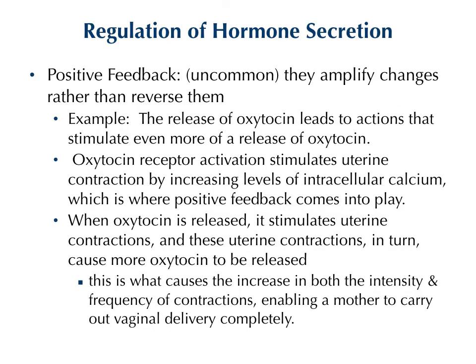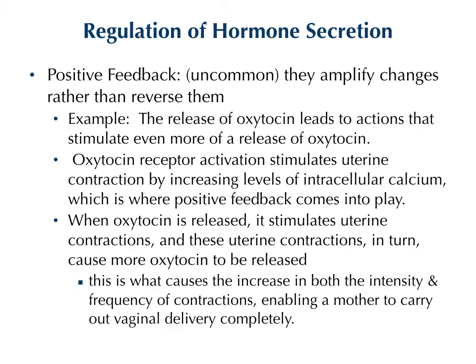But as I said, although they're uncommon, we do have some examples of positive feedback. An example of this is oxytocin. Here, the release of oxytocin will lead to more actions that will stimulate the release of even more oxytocin. So, oxytocin receptor activation will stimulate uterine contractions by increasing levels of intracellular calcium. So you know which second messenger system is being used there, right?